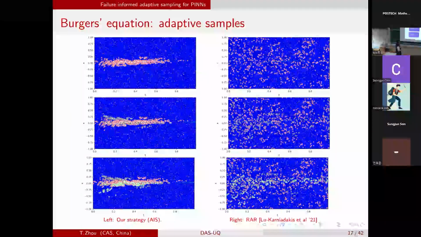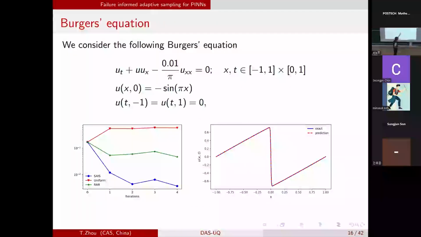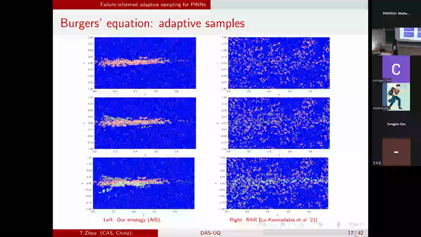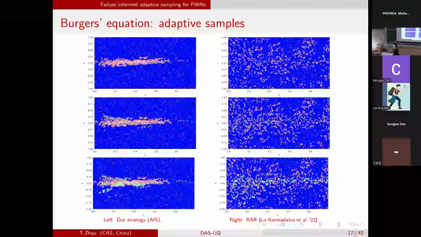Yes. Similar to finite element, you just want to add the mesh into the singularity region. This is the singularity line for the solution. The solution has a singularity line here. So the indicator, the current residual, tells you where the points give the largest residual. The new points will concentrate on this continuous line.